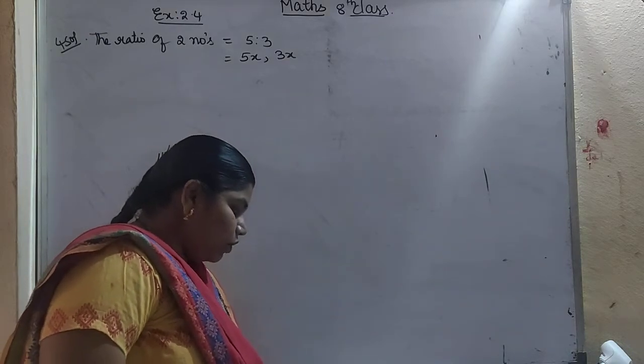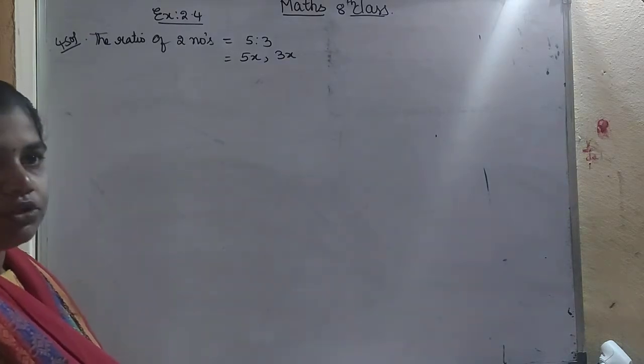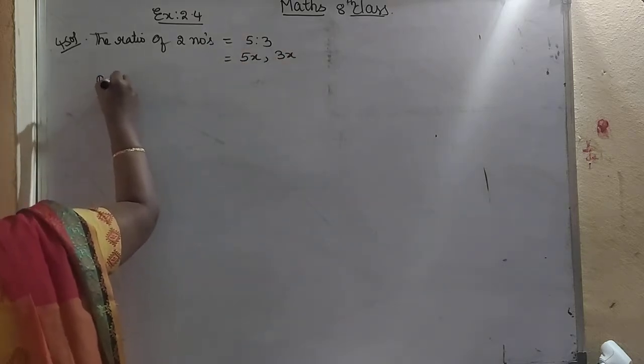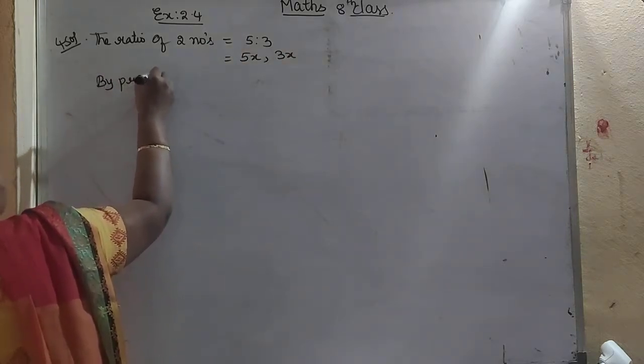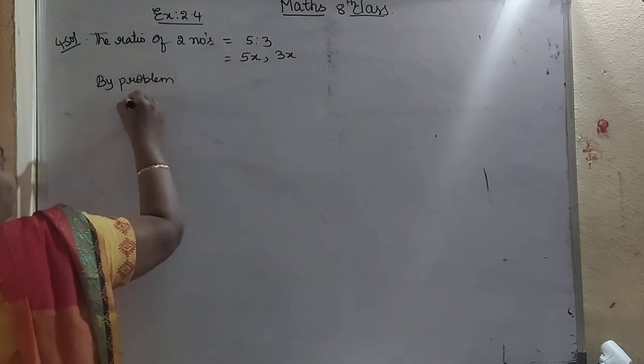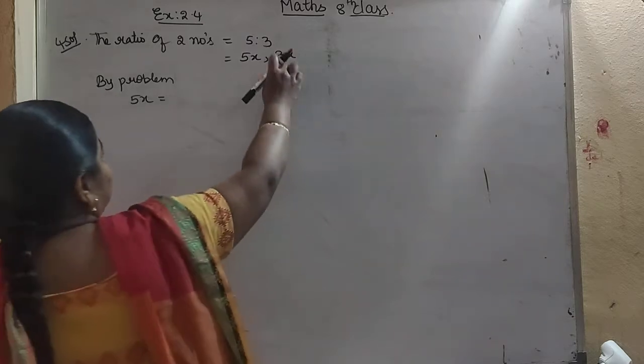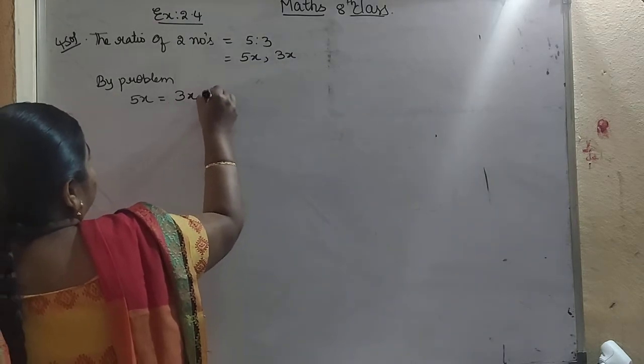Now, according to the sum, one part is 10 more than the other. So by the problem, 5x equals 3x plus 10.